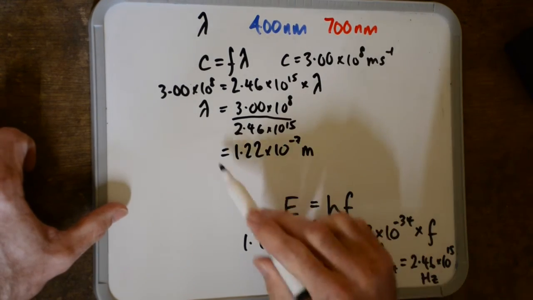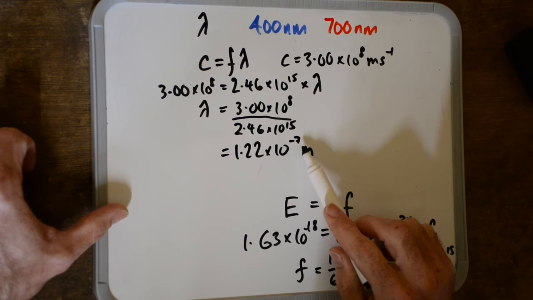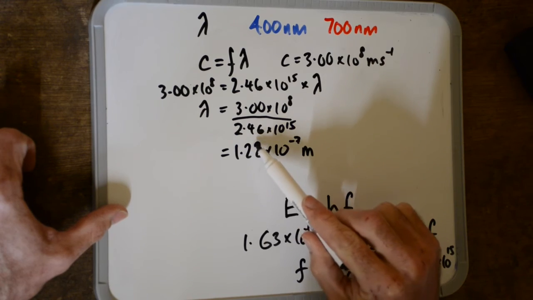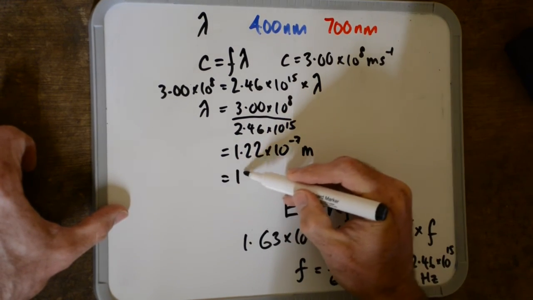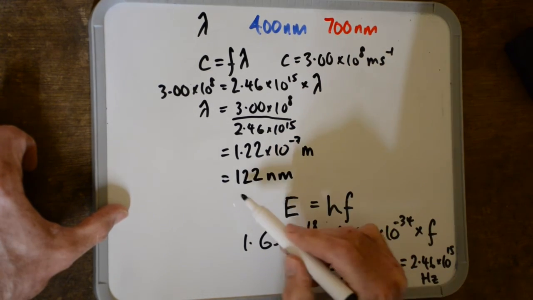Now, in terms of nanometers, negative 7 to negative 9 for nanometers means we're going to move the decimal point 2 places to the right, so that is 122 nanometers.